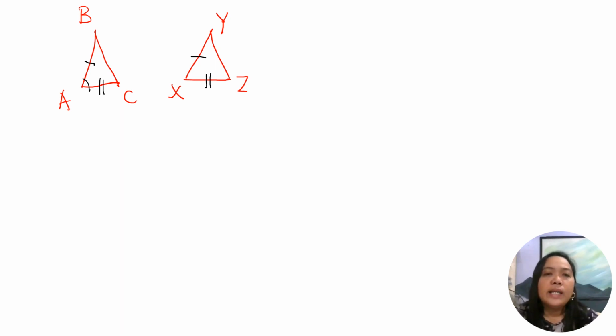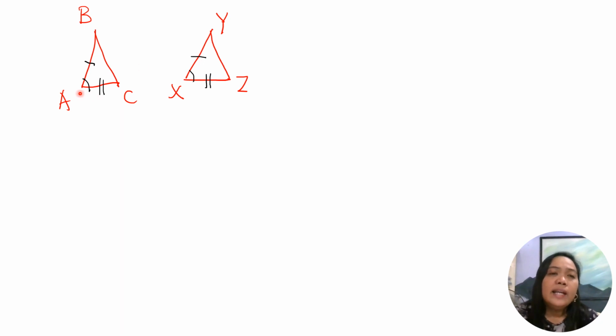Segment XY and segment XZ intersect, forming an angle here, angle X. Therefore, since segment AB coincides with segment XY, then we can say AB is congruent to XY.